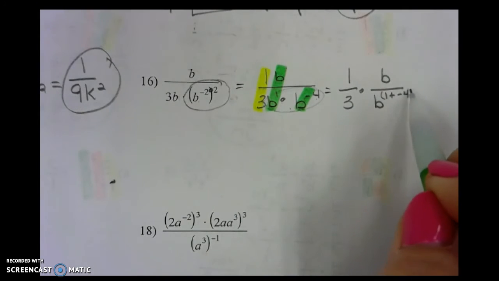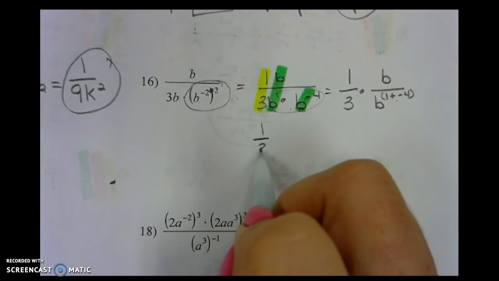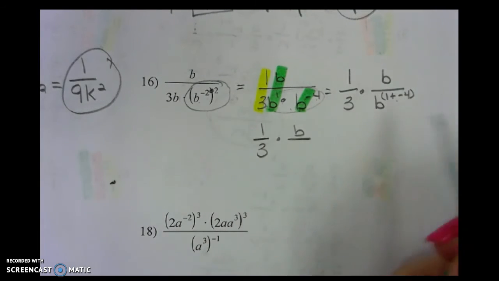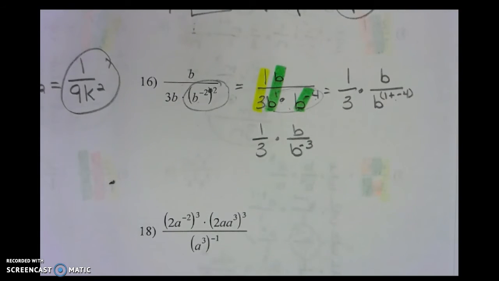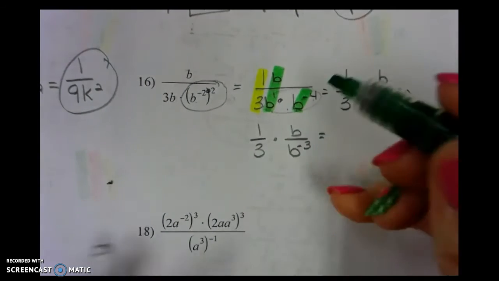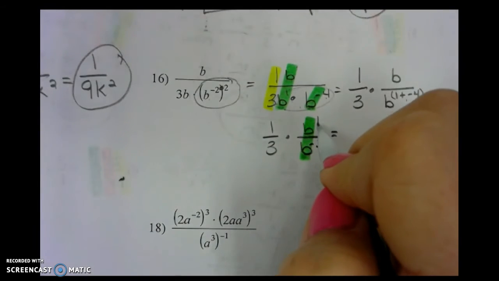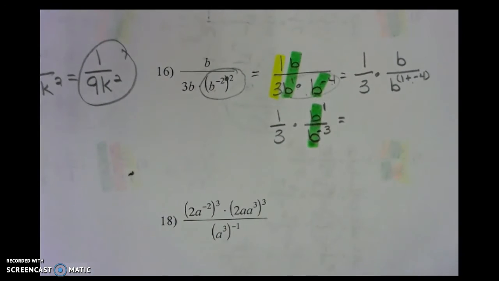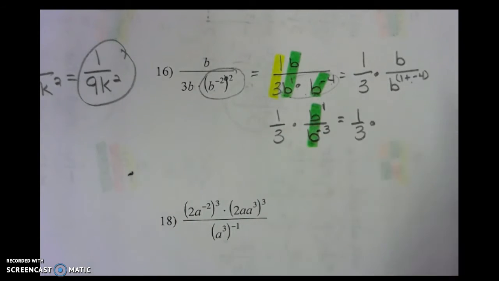Next step would be to simplify that addition, and I'll have 1 over 3 times b over b to the negative 3. Now I can focus on combining that set of b's. I've got a b to the 1 over b to the negative 3. This is a quotient rule. 1/3 is still untouched.